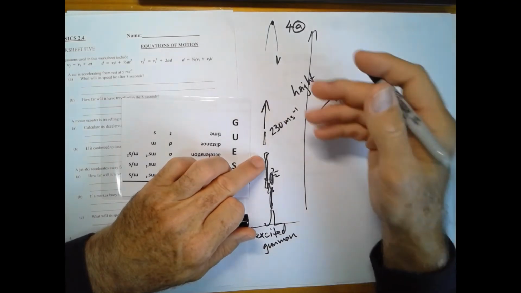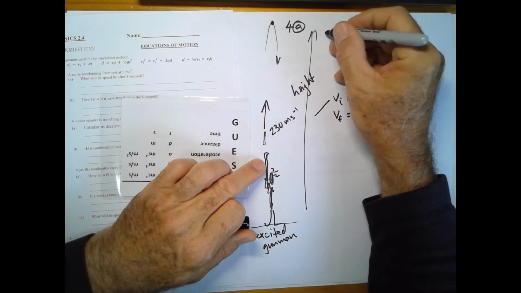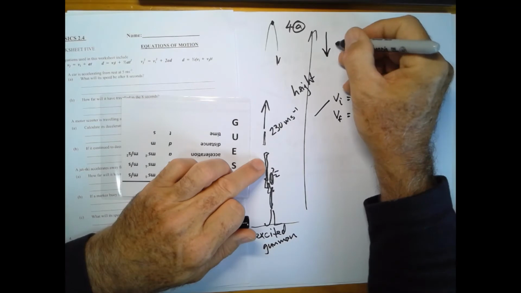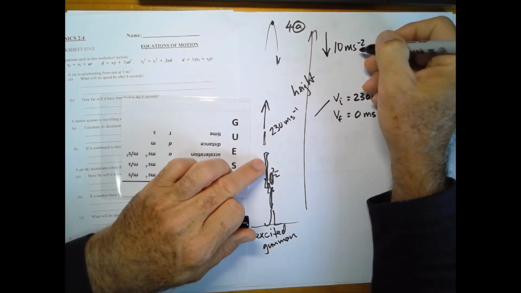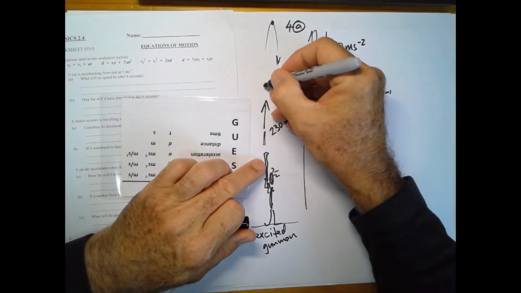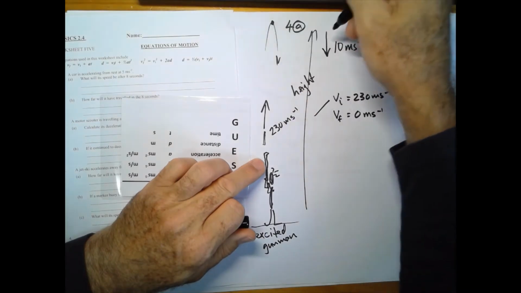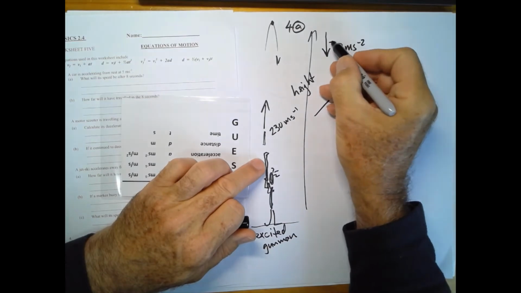What else are we given? We're given that the acceleration due to gravity is 10 meters per second squared. And if this is 230 meters per second in a positive direction, acceleration in the other direction has got to be negative.